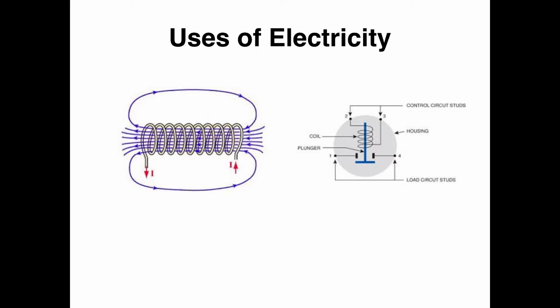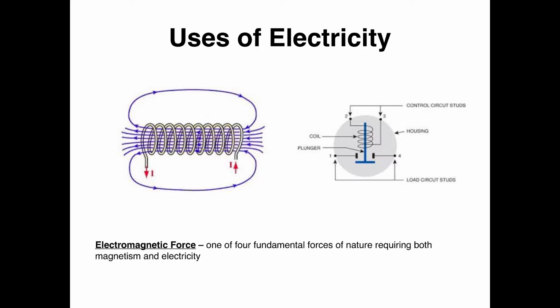Now, we had talked about this before, about ways in which magnetism and electricity are produced. And as it turns out, electromagnetic force, which is these purple lines shown in this diagram on the left, is one of the four fundamental forces in nature. And electromagnetic force requires both magnetism and electricity.